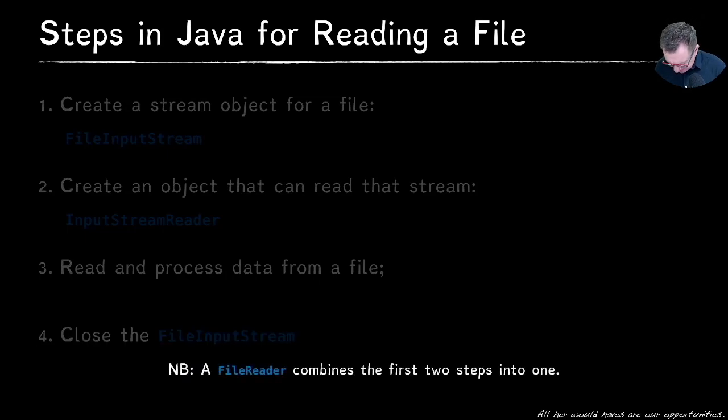And I say here, a file reader combines the first two steps into one. So there's also a thing called a file reader, okay? But what we want to get an understanding of is the stream. We have a stream and then we read from the stream because it does become important to have that understanding later down the track.